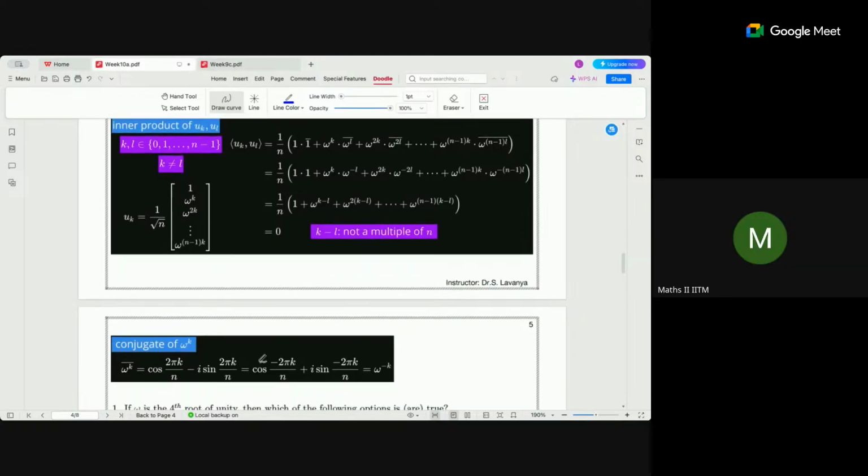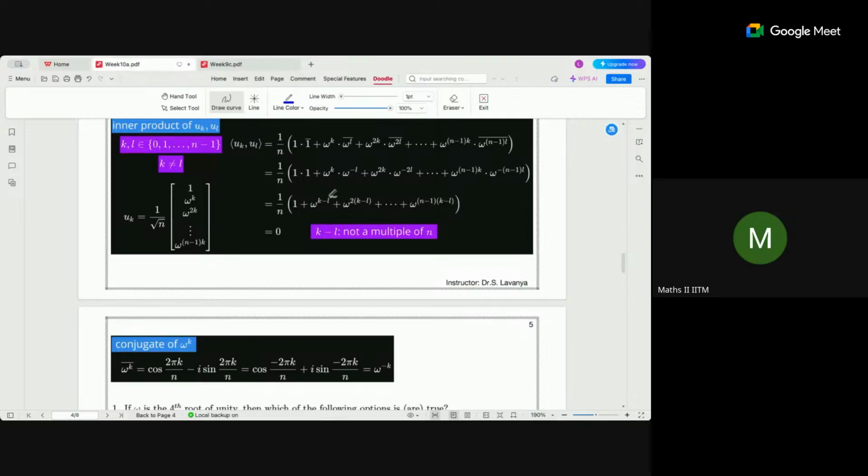Now this entire term becomes omega power minus k. So omega power k conjugate is nothing but omega power minus k. So everywhere wherever you have conjugate, you replace the number with the negative of it. Okay, so this is what you are getting.